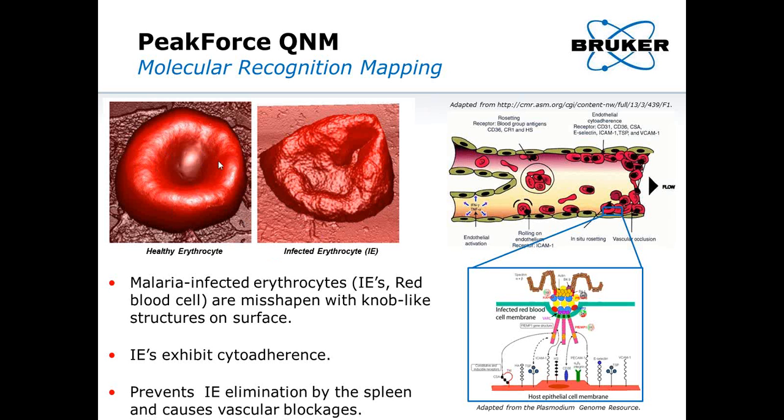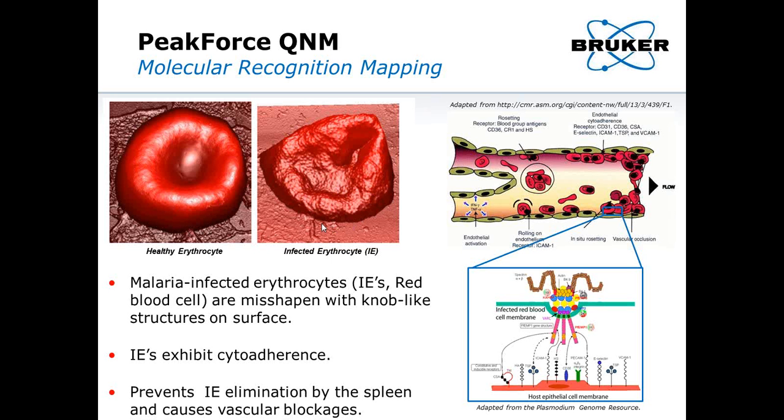Here, you can immediately recognize this is a blood cell. And to image biological samples, you want to measure that in vivo. That is, in its physiological condition or environment. So this is done in liquid. At the left, it's a healthy red blood cell.